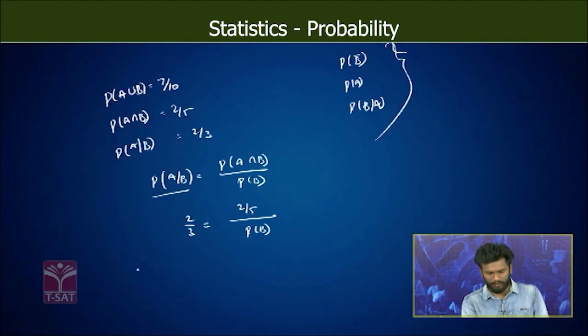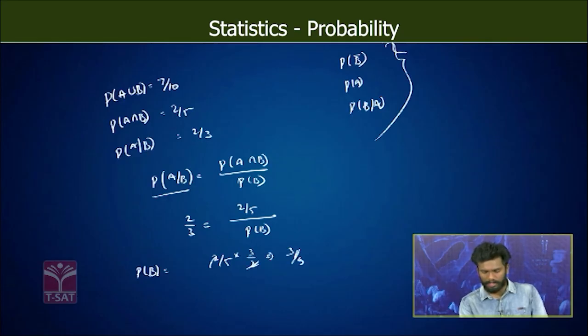So from this we can get probability of B is equal to 2/5 into 3/2, which will be equal to 3/5. So the probability of selecting B, that is a smoker, is 3/5, but we have to find probability of B complement. So probability of B complement is given by 1 minus probability of B, which is 1 minus 3/5, it is 2/5.